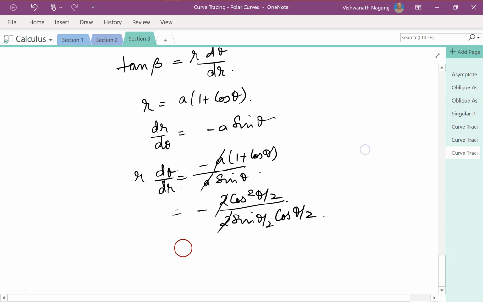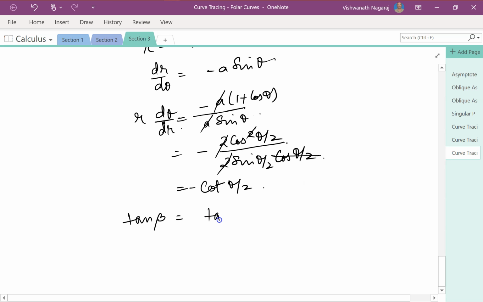So one of the 2s goes off. cos theta by 2 by sin theta by 2 is nothing but cot theta by 2. Cot is minus tan of pi by 2 plus theta by 2. So tan cancels, and beta is equal to pi by 2 plus theta by 2.